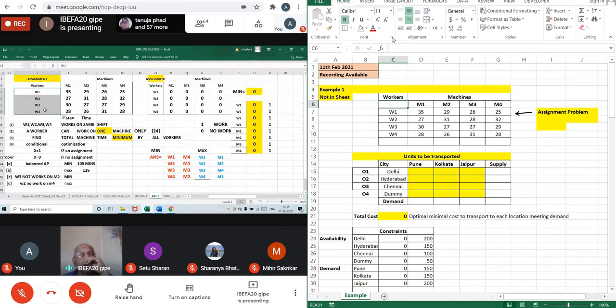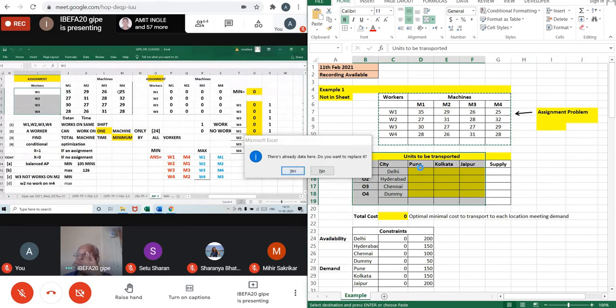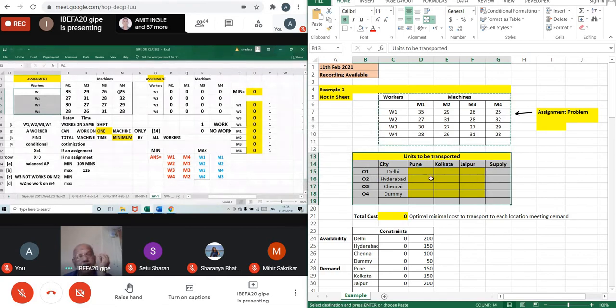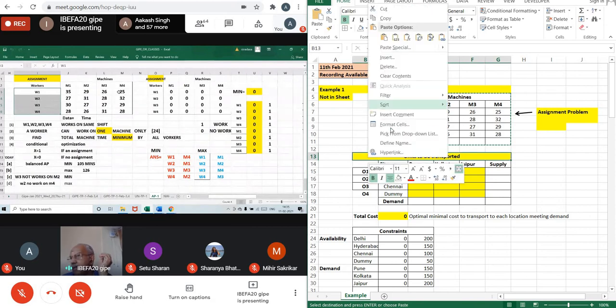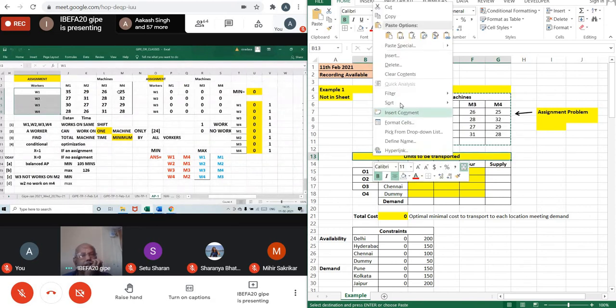The production manager wants to assign the workers to the machines in such a way that total time taken by them is minimum.